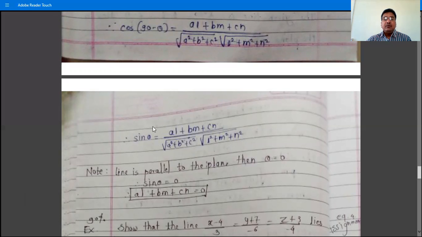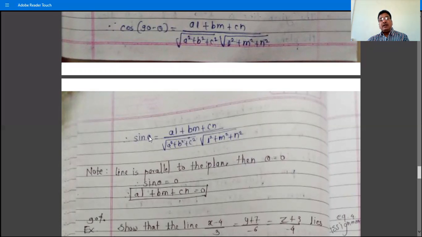But here if we observe the last answer, then what is it? Sin theta is (AL plus BM plus CN) divided by root A square plus B square plus C square, into root L square plus M square plus N square. Okay, but the formula is the same: A1 A2 plus B1 B2 plus C1 C2, root A1 square plus B1 square plus C1 square, into root A2 square plus B2 square plus C2 square.